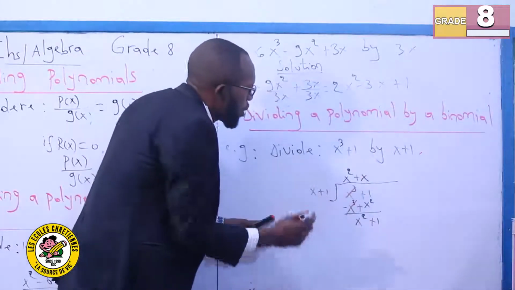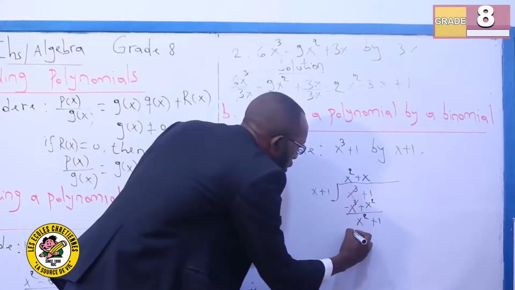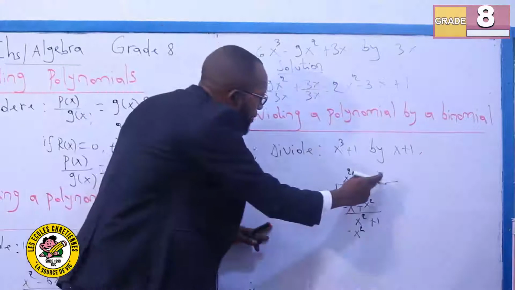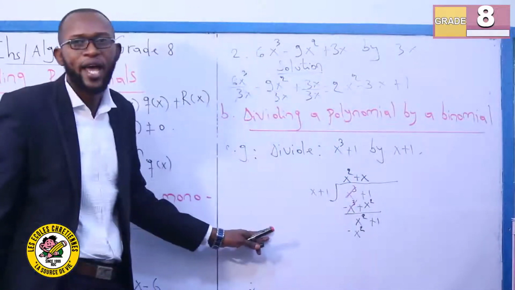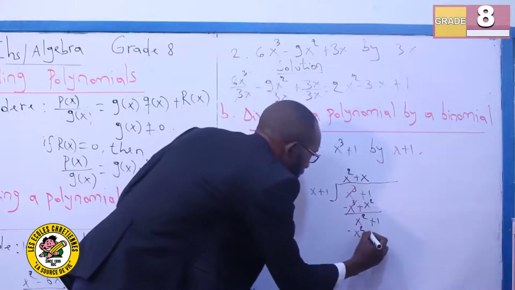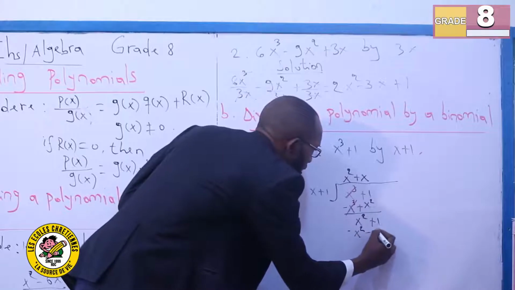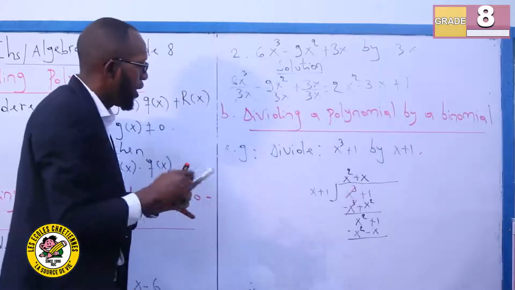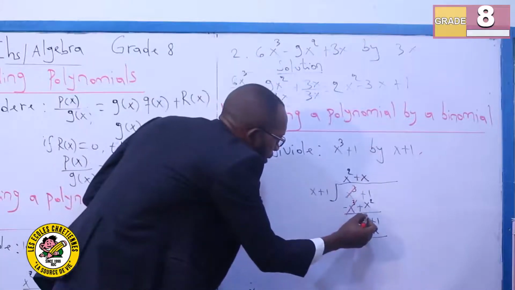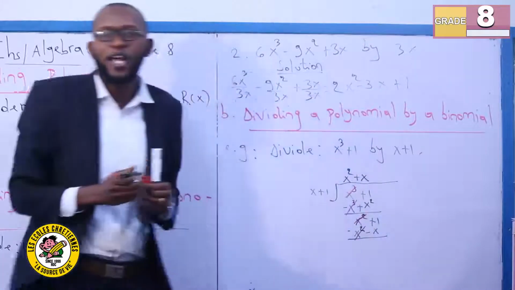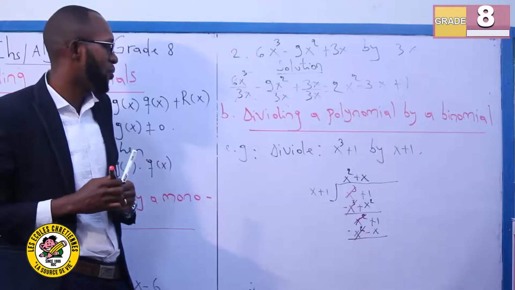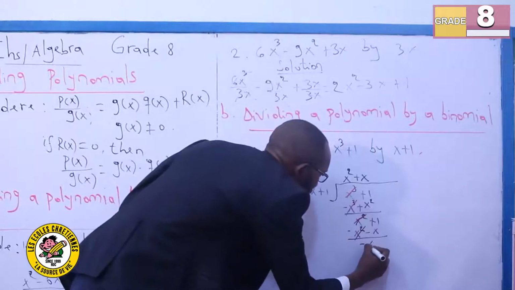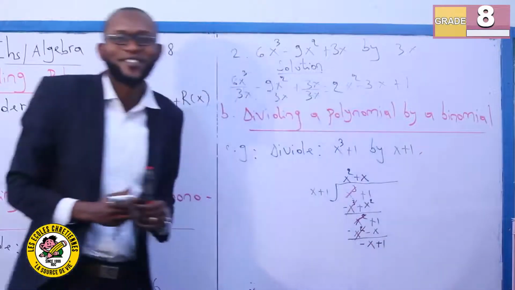X times x is x squared, and when it comes here it becomes negative. Then x times 1 is x, and here it will be minus x. You underline, and x squared and minus x squared eliminate. If we add, we have minus x plus 1.